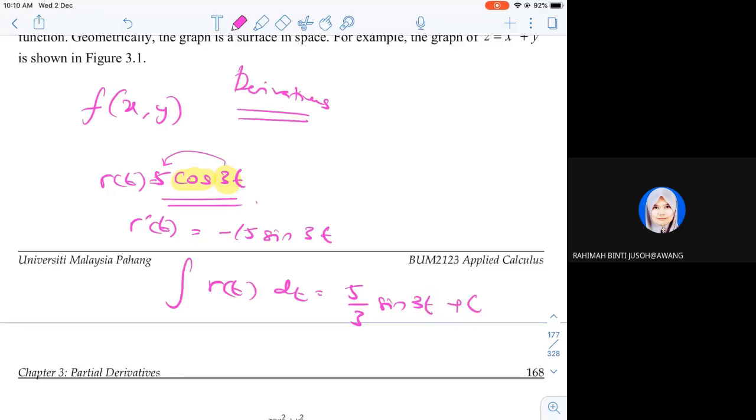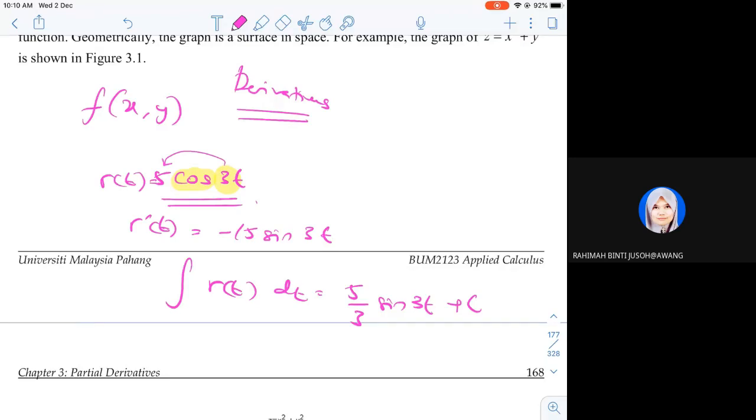It's different. Differentiation and integration are different, so you have to be careful later. If you're weak in differentiation and integration, please do a lot of exercises. Don't worry, later I will give you the notes for basic differentiation and integration so that you can recall the techniques.